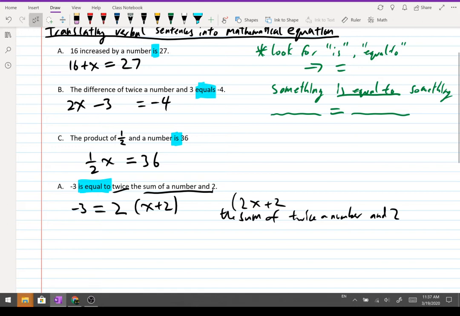Because we're looking at something plus something, it's the sum of twice the number, 2x, and 2. So it's the sum of something and something. So this will be 2x plus 2, whereas this will be twice the sum of a number and 2.